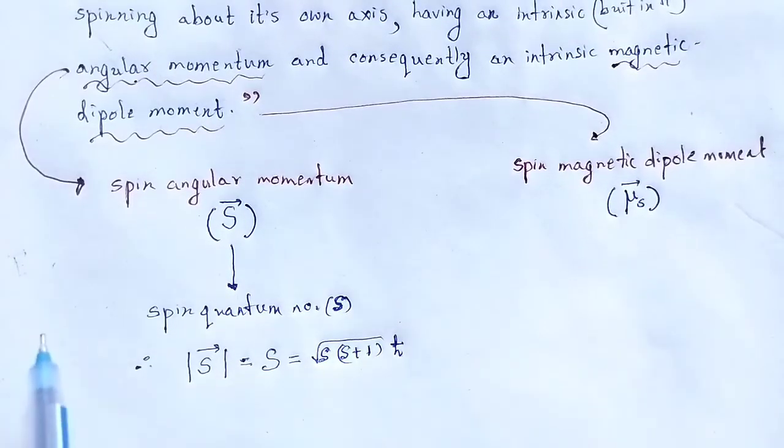The same pattern is followed for orbital angular momentum L, which is the square root of l times (l plus 1) times h cross, where l is the orbital quantum number.